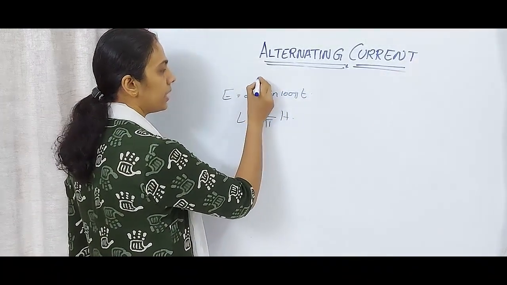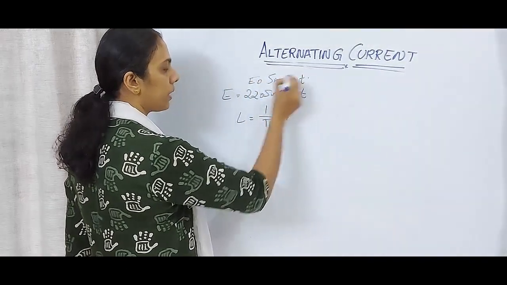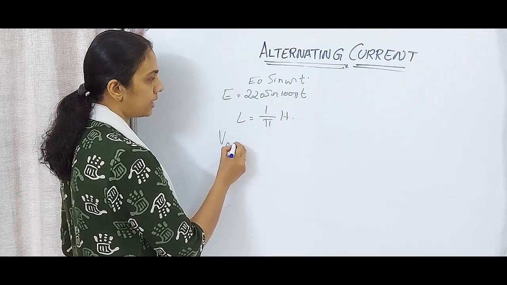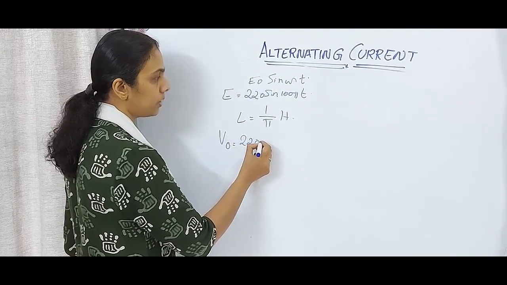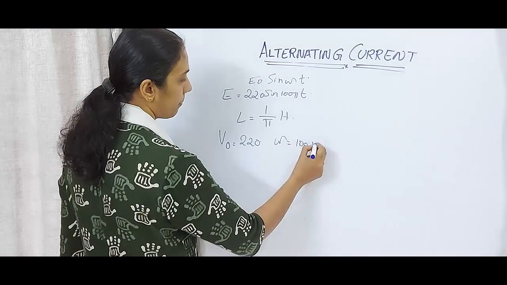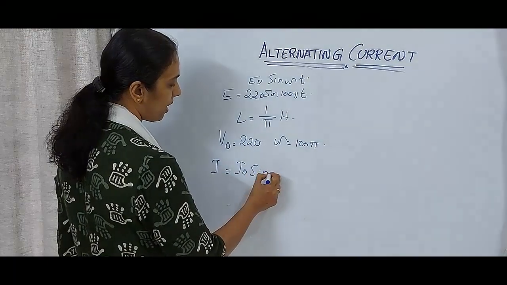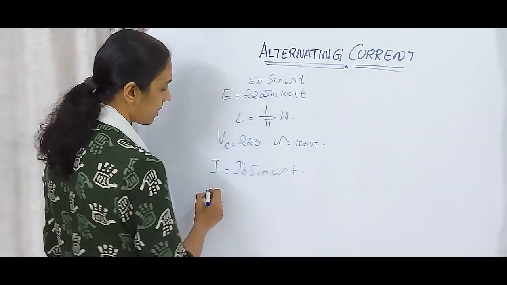So E is given. E equals E0 sin omega t. The maximum value of voltage is given as 220 volt and omega is given as 100 pi. So I equals I0 sin omega t. How can we find I0?